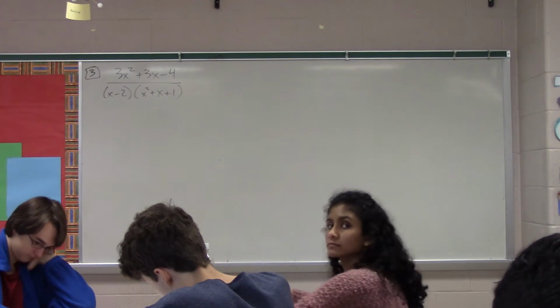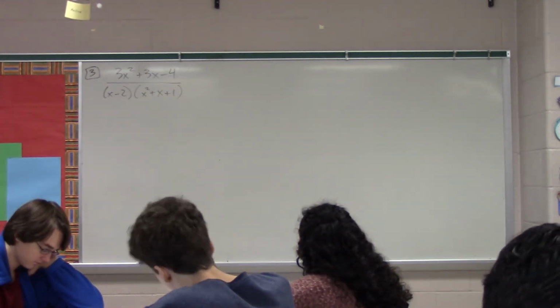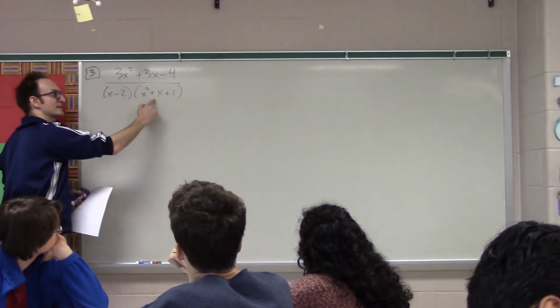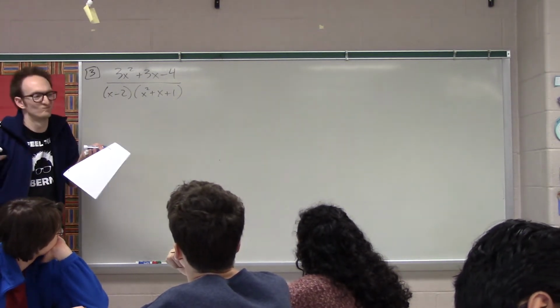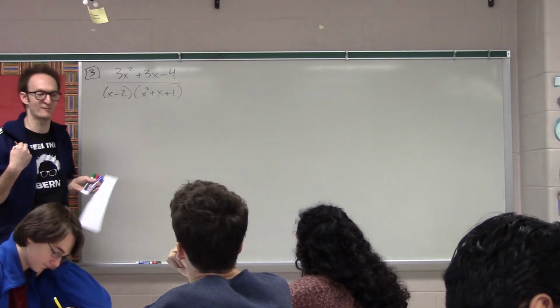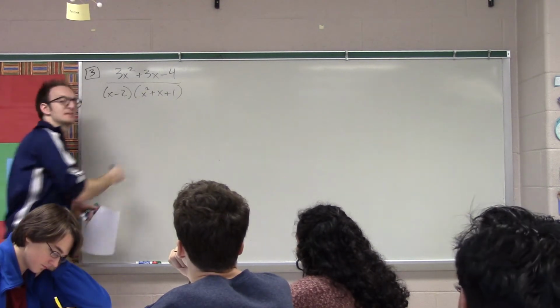What's up with that denominator now? Okay, no one wants to talk. What do you have to say about x squared plus x plus 1? It's a quadratic and it sort of doesn't factor, right? Yeah, good. If you try to factor this, it just doesn't factor.